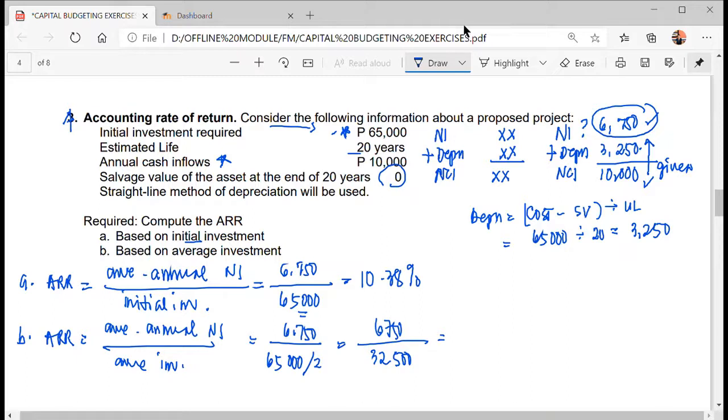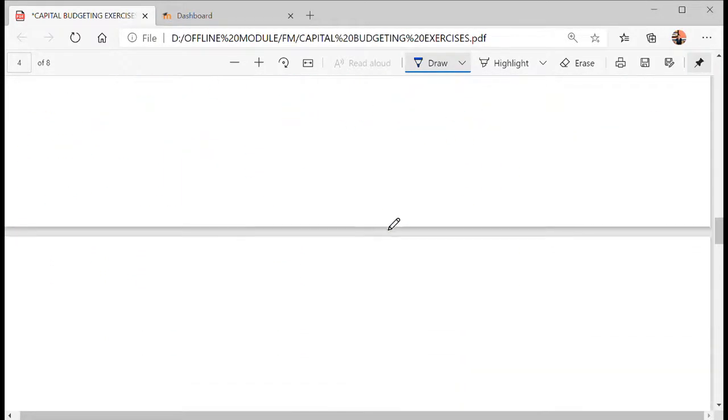So that's 20.77 if we round it off. So 20.77, or 10.38 times 2, that's 20.76. Actually, the exact rate is 20.769. So this is how you will get the ARR. So this is how much you will get in nominal amount. This is what you get if you invest.